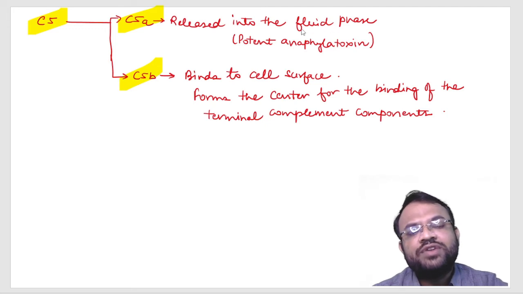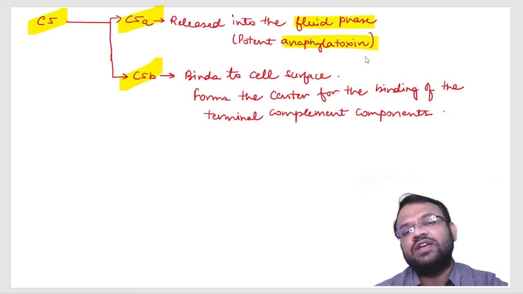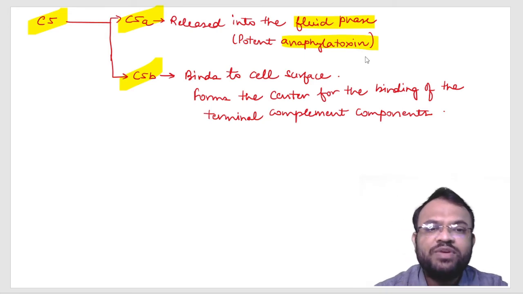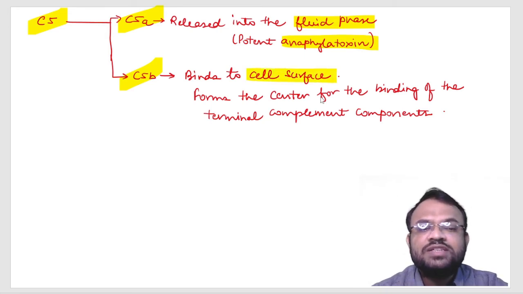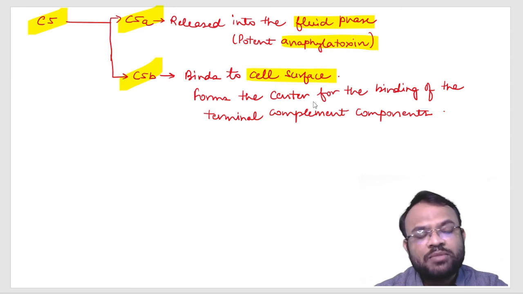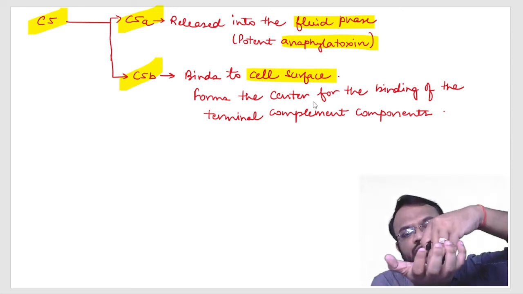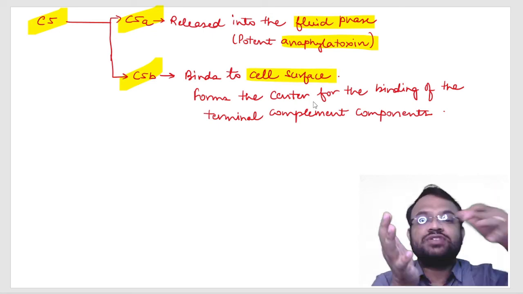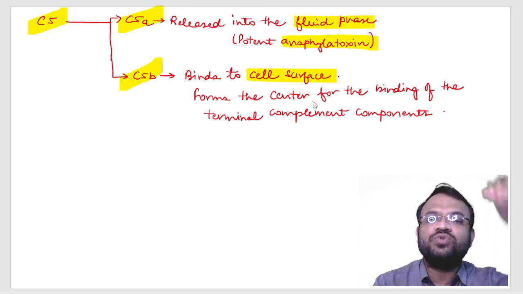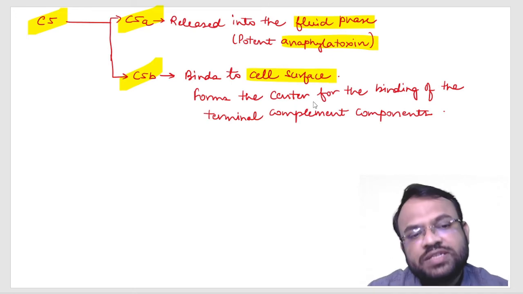C5a will be released into the fluid phase, because it will function as an anaphylatoxin, and C5b will bind to the cell surface. Which cell am I talking about? The pathogenic cell. C5b is the first one to go and bind onto the pathogenic cell.